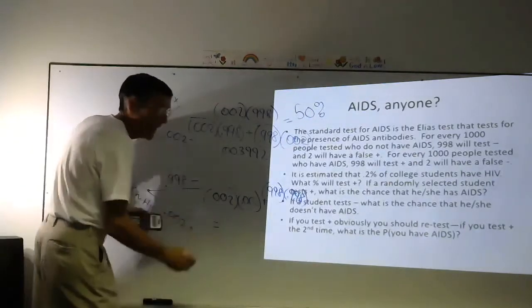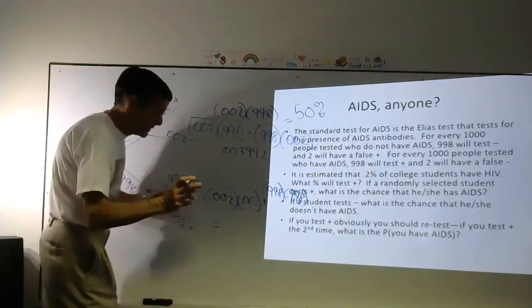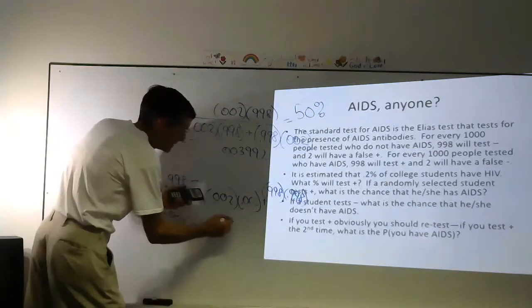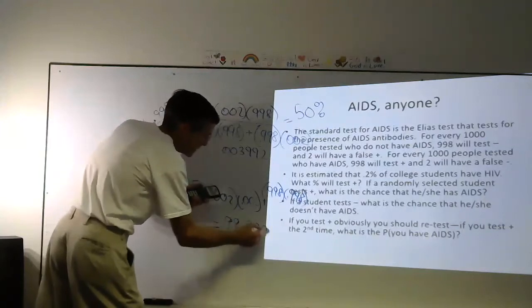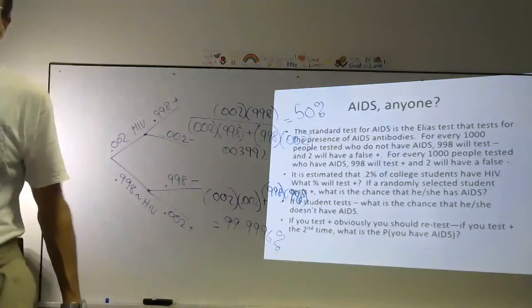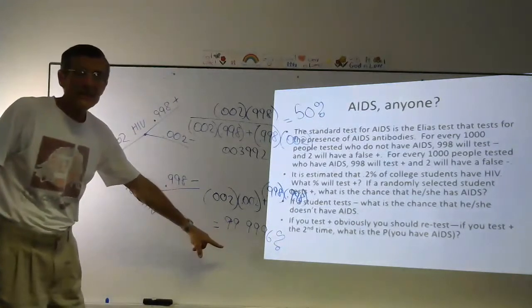If you test negative the first time on AIDS, what is the likelihood that you do not have AIDS? The likelihood that you don't have it is this, right?